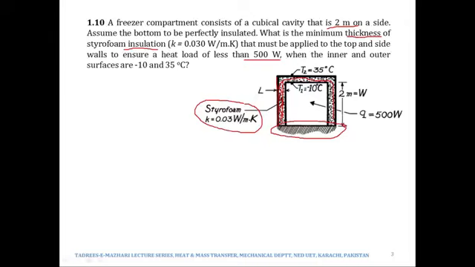If the system is working under steady state conditions, then the heat transfer through all the components will be the same.